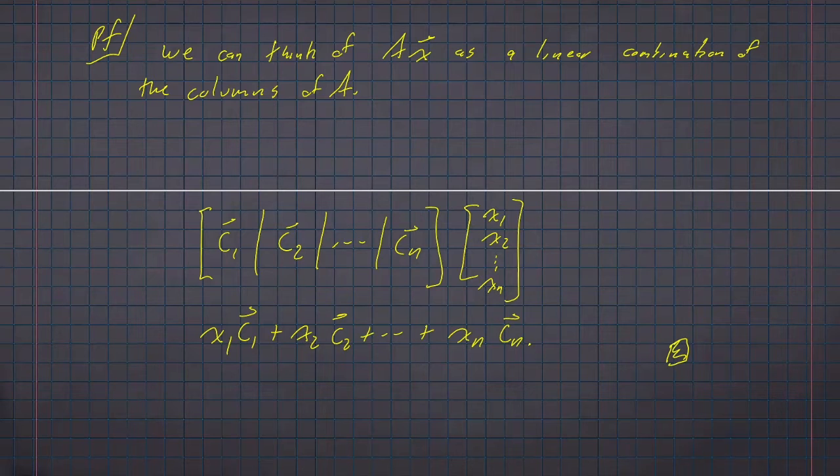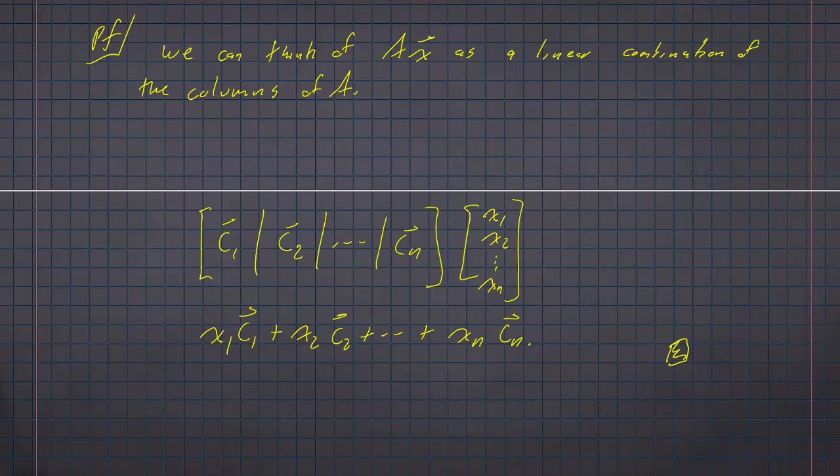The column space is the span of the column vectors, the set of all linear combinations of column vectors. So completely by definition, this linear combination must be in that span.